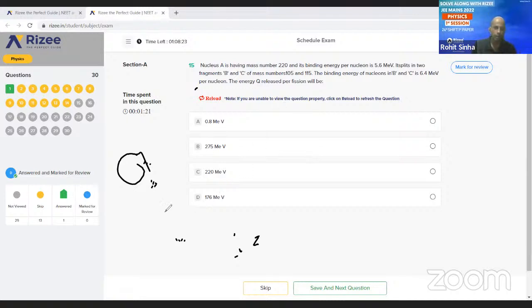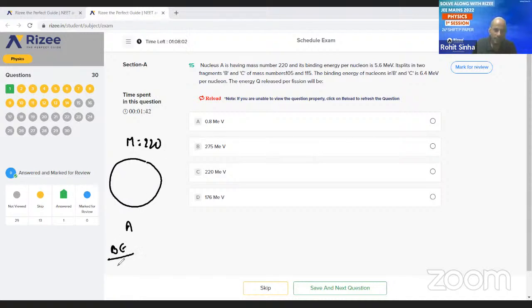It splits into two parts, that is B and C.